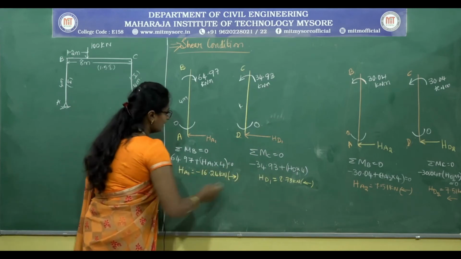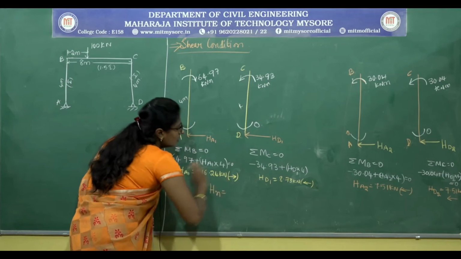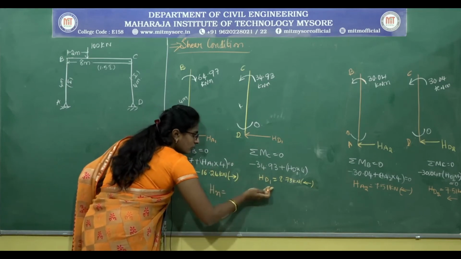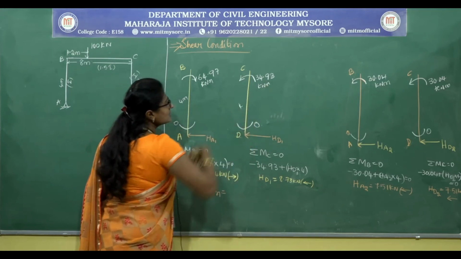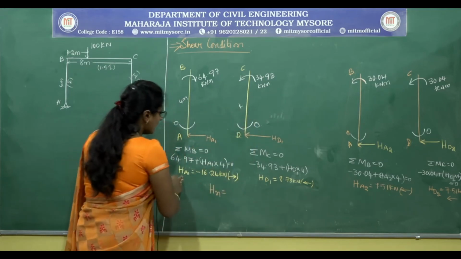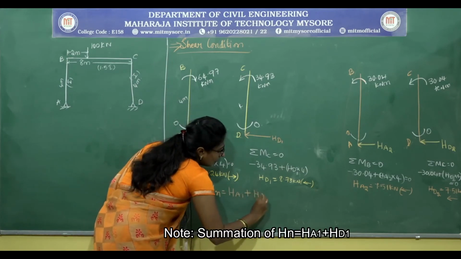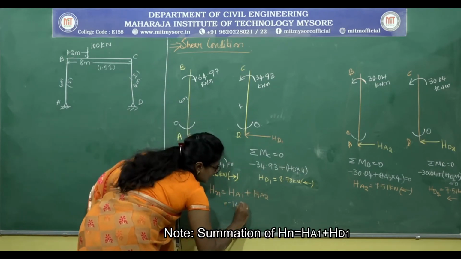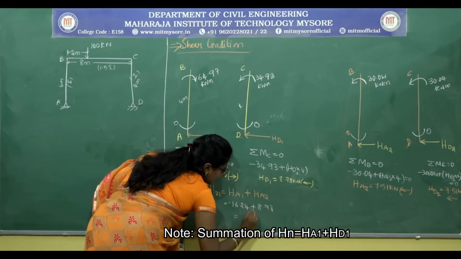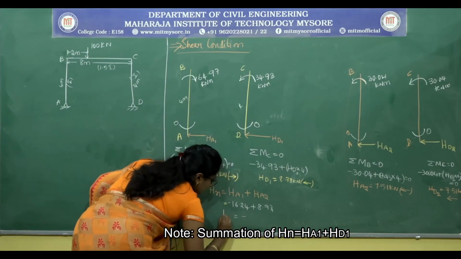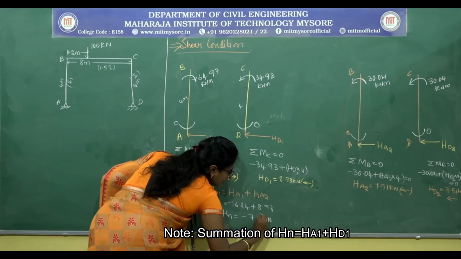Now this together I consider Hn, that means it is the sum of the two horizontal forces which is obtained by considering the moments without sway, that is HA1 plus HD1, minus 16.24 plus 8.73, that is equal to minus, so this is Hn, minus 7.51 kilonewton.